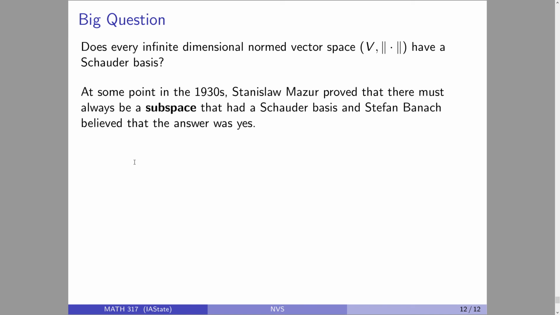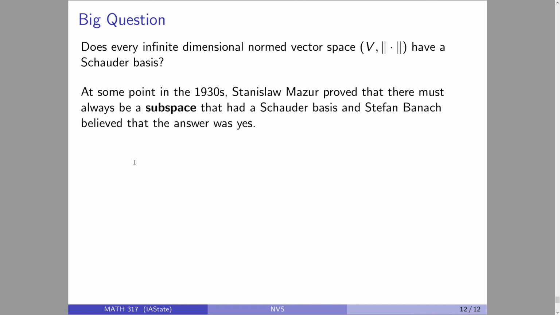Now, it has its origins in the legendary Scottish Cafe. There was a cafe in Poland called the Scottish Cafe, because that was like its theme, where all the local mathematicians would hang out. And as math people do, they would just talk about mathematics because we're a bunch of insane people. And two of my favorite mathematicians, Stanislaw Mazur and Stefan Banach, were hanging out.